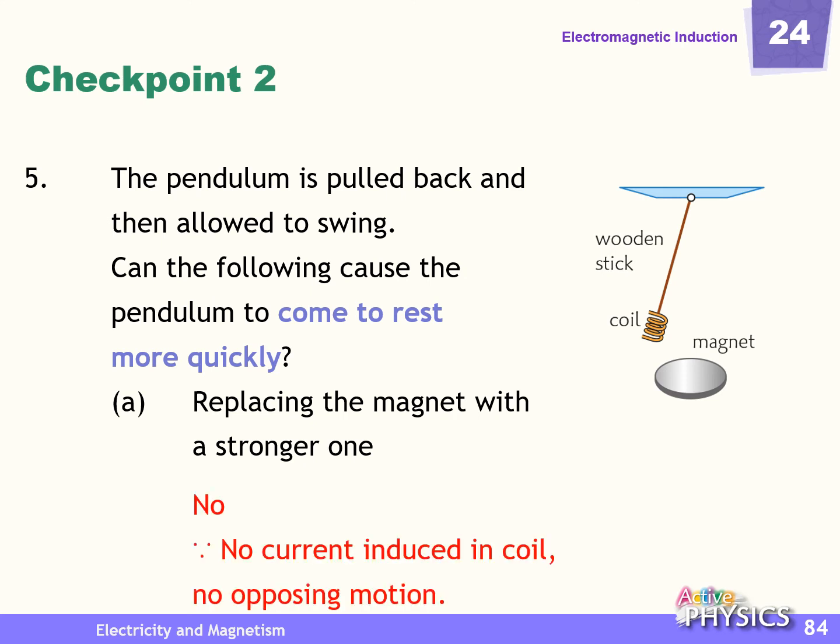Okay, so the answer is no, because there is no current induced in the coil. There is no opposing motion because it's an open coil, right? If there is an open coil, then there will be no current. If it's a closed coil, then this can make the pendulum stop more quickly. However, if it's an open coil, then it won't have such an effect.